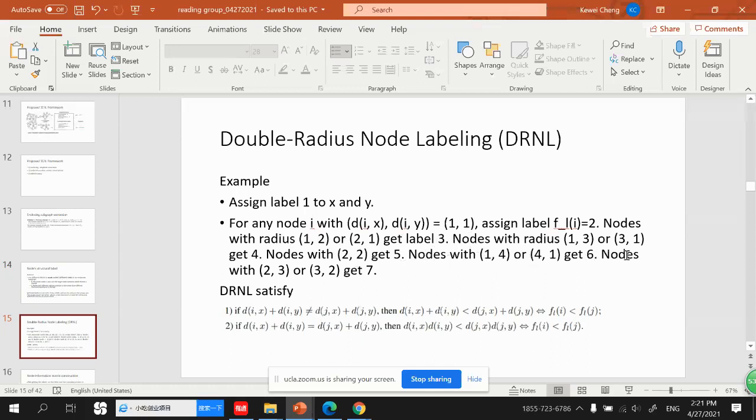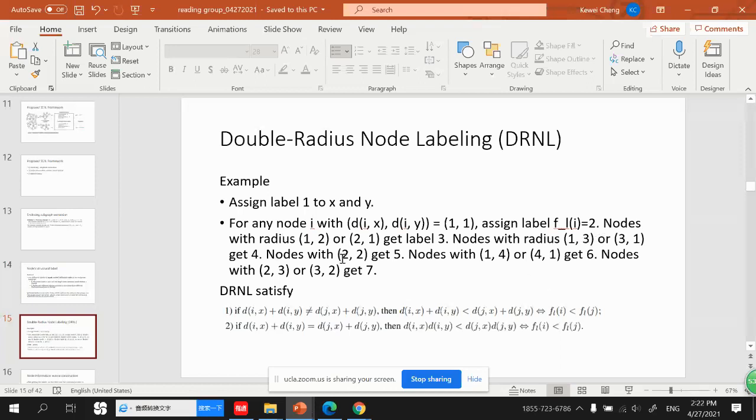And then if two radii pairs have the same sum, but they have different values, for example, 1, 3 and 2, 2, both of them have the sum of 4. Then in this case, we will assign a smaller label to the radii whose product is smaller.